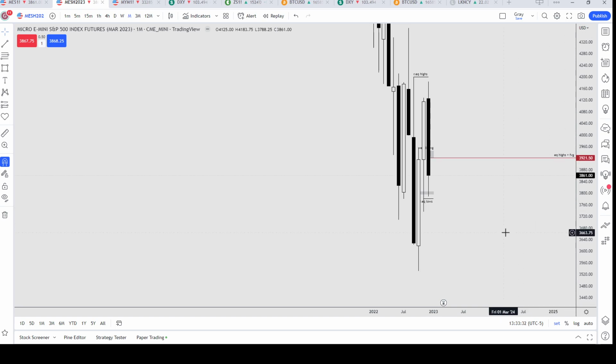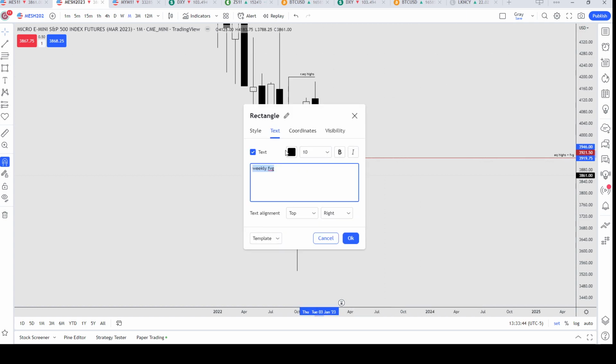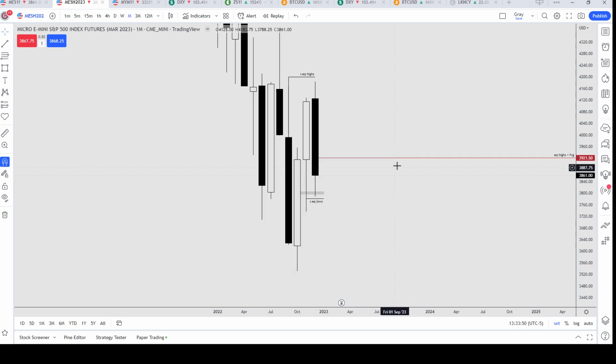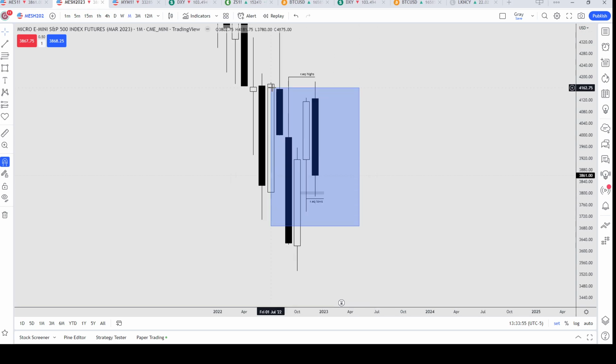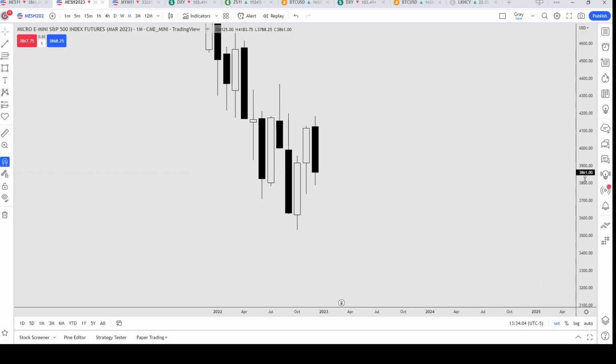On the monthly, we closed below this fair value gap over here. Let me just switch this up. Okay, so on the monthly, we came back up into this fair value gap, right?